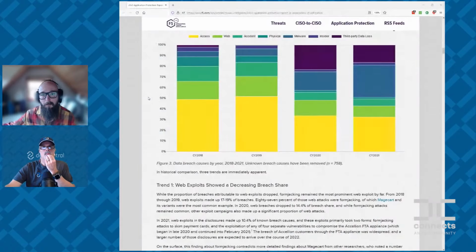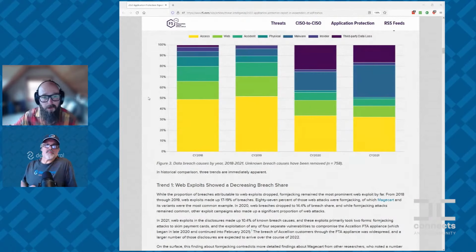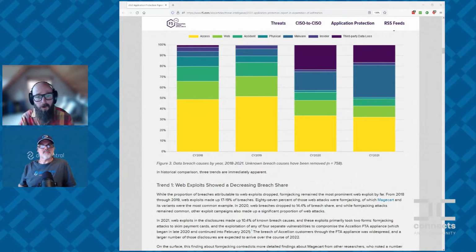Ray came up with a way to characterize an application in terms of attack surface, and it's a really great model for showing how a modern application is different from how we used to think about applications several years ago. When we say access breaches, what we're talking about in short is stuff like credential stuffing, phishing, brute force, anything that is focusing on an authentication surface.